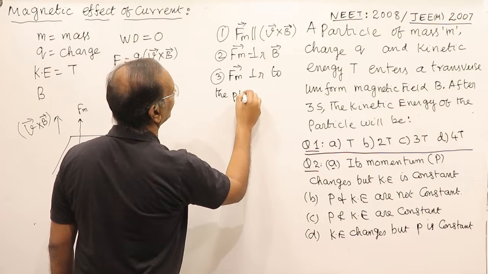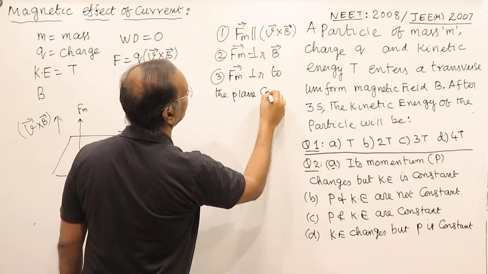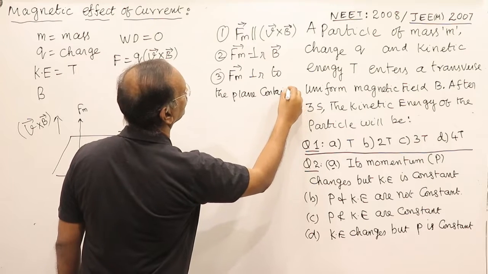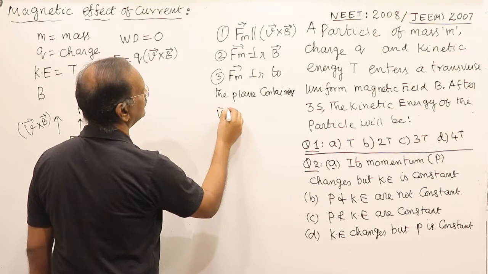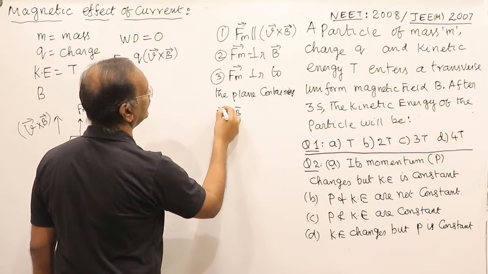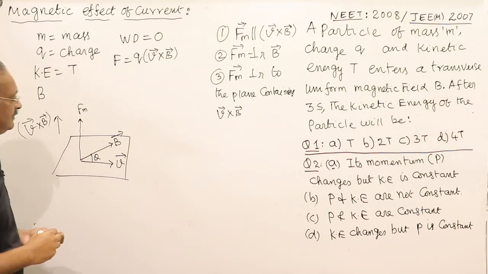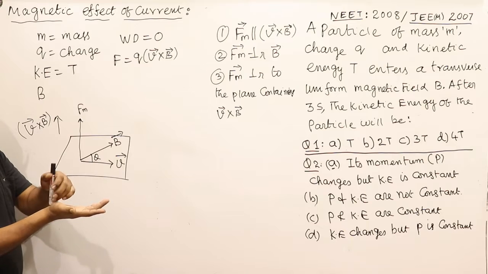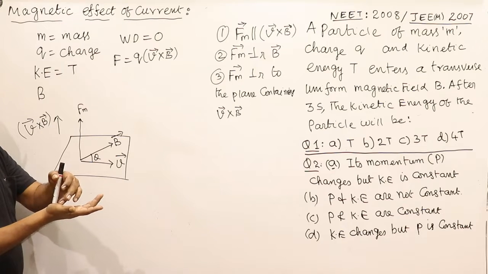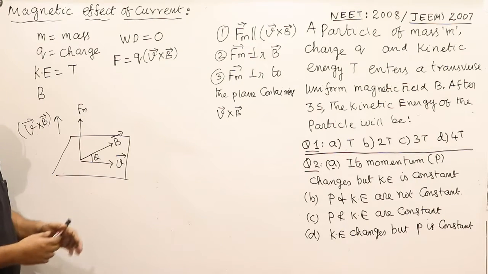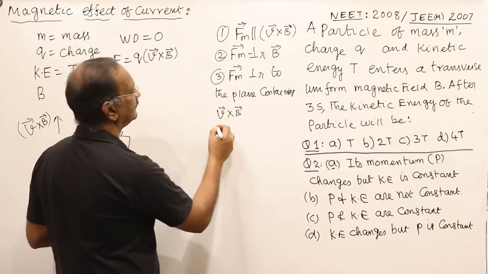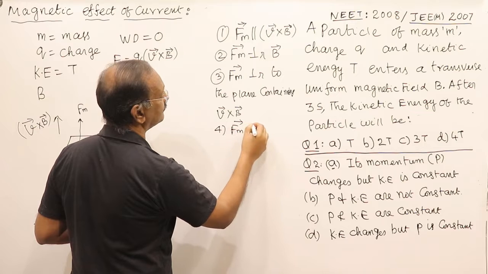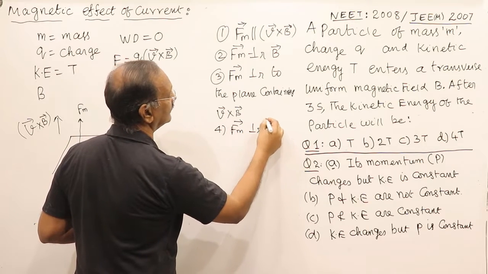Fm is perpendicular to the plane containing V and B, as we saw in the previous lesson. Third point, Fm is perpendicular to the V vector.